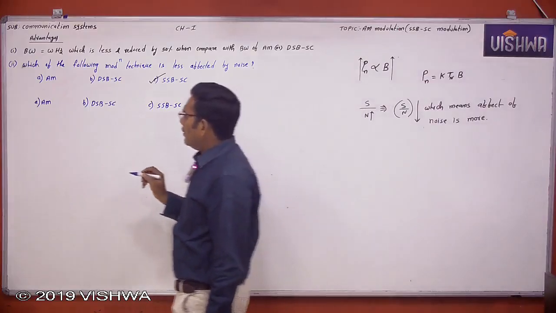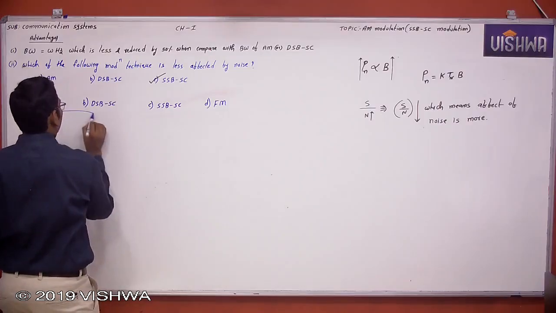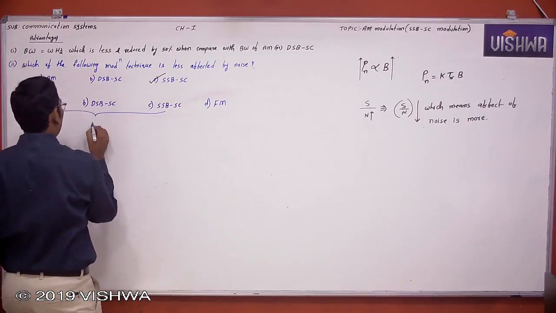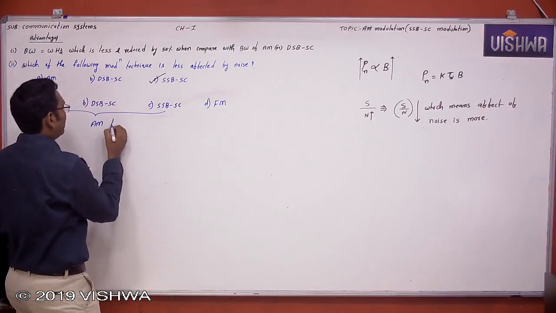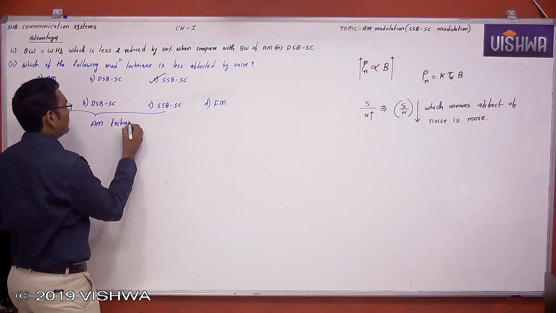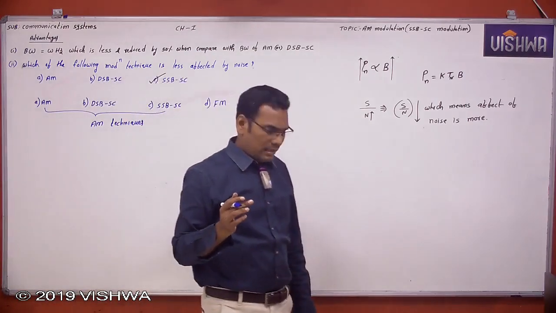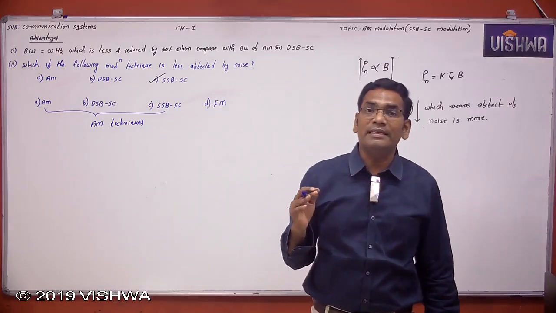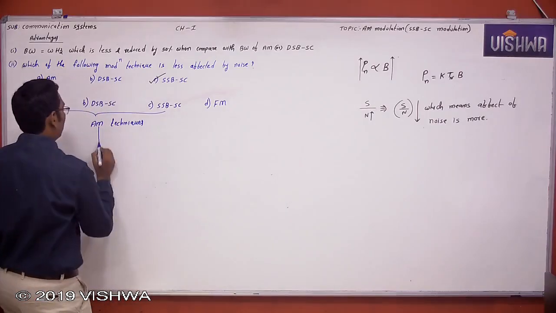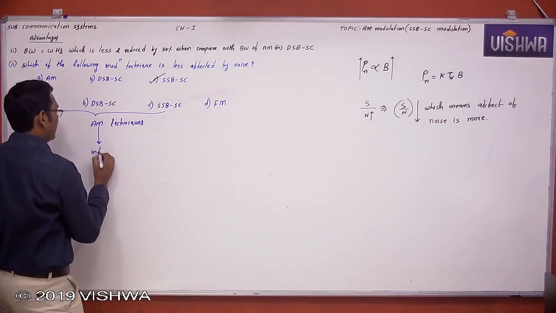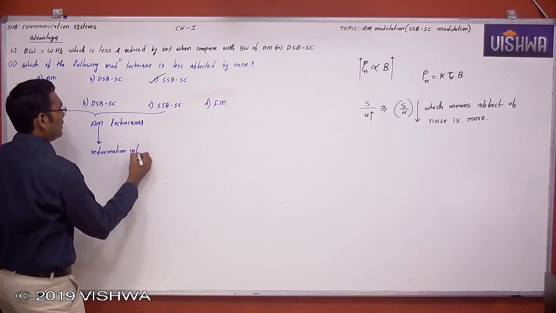Now see here, all of these except FM are AM techniques, amplitude modulation techniques. What is AM? Amplitude modulation. In amplitude modulation, the information is in terms of amplitude.